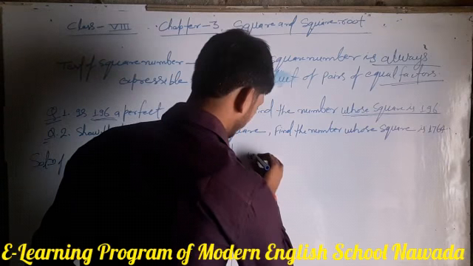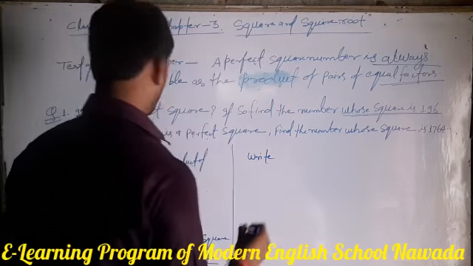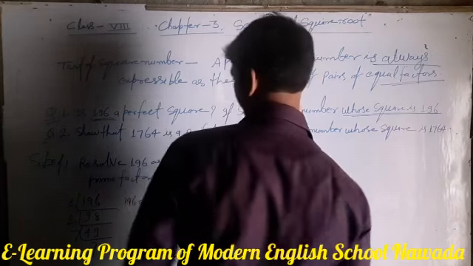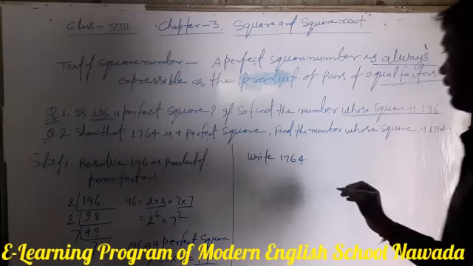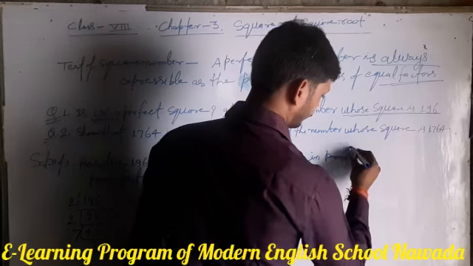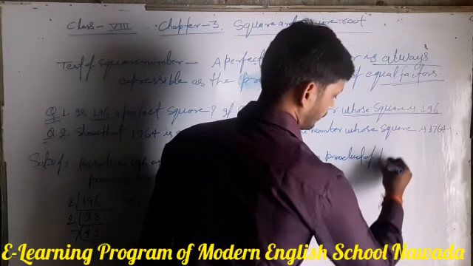Write 1764 as a product of prime factors.